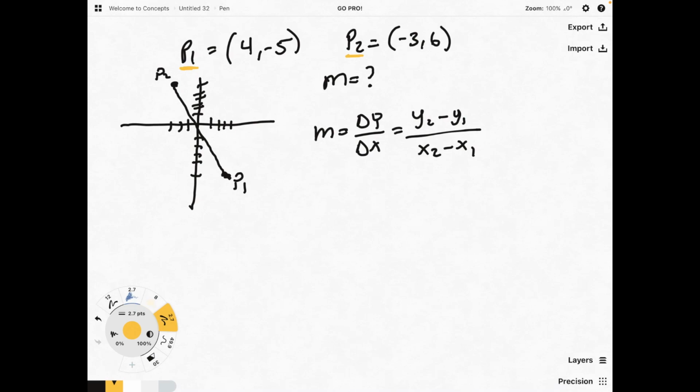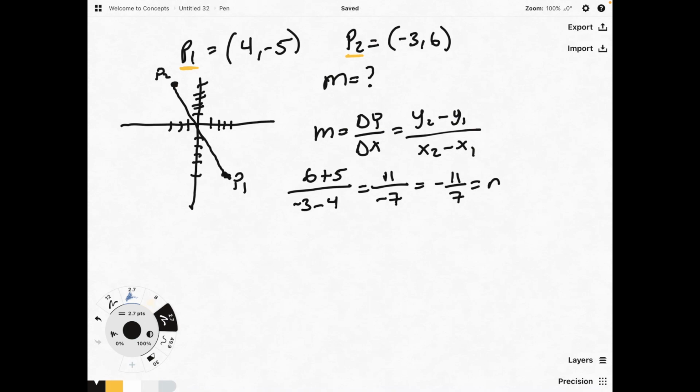But because they've already labeled P1 and P2, we will just use P2 as the y2 and x2 values. So plugging our points into the equation, we get 6 minus negative 5 over -3 minus 4. And this is equal to 11 over -7. And this, of course, can be rewritten as -11 over 7, which is the same thing, equal to m. And this is our slope.